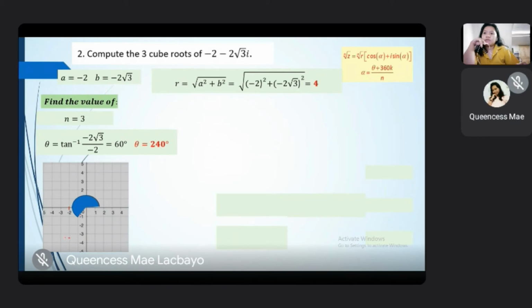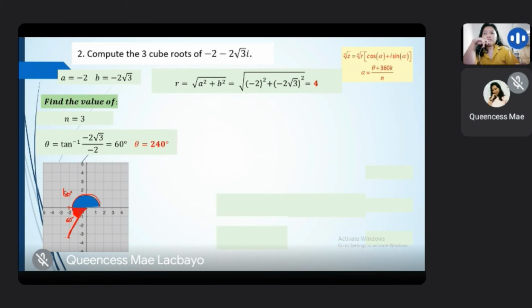So, this part is more than 60 degrees. Since we start in the first quadrant, it is 90 for the first quadrant and 90 for the second, so 180 degrees up to here. What we do is add 180 to 60.